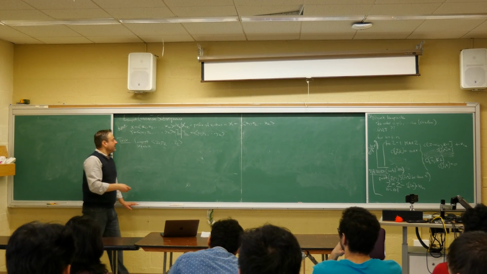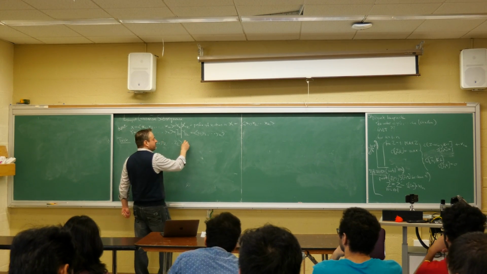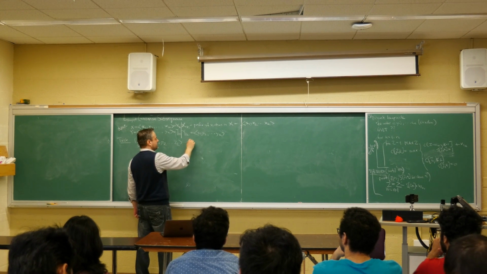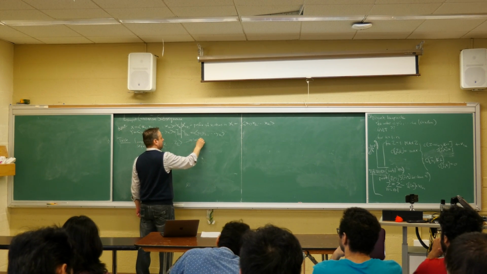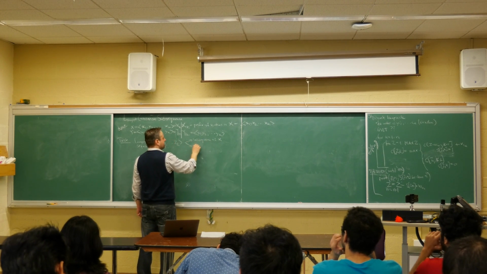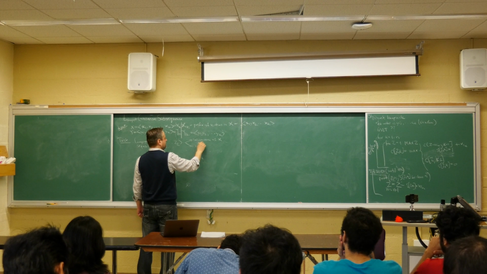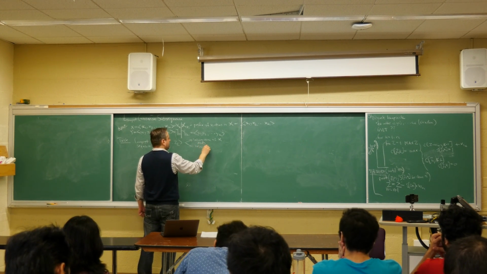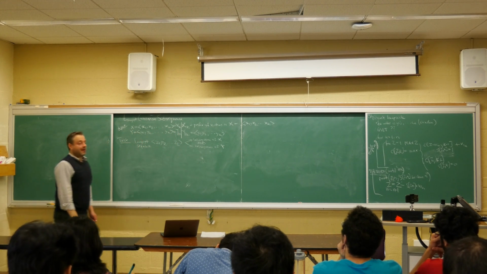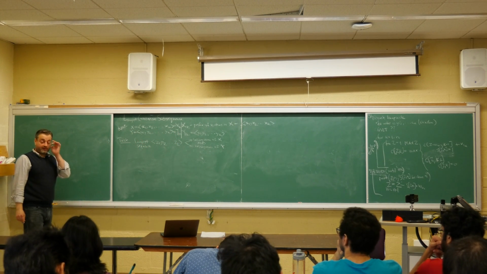Order matters. That is, this is part of X, so this is a subsequence of X, and also a subsequence of Y. I think you have a problem in the homework.